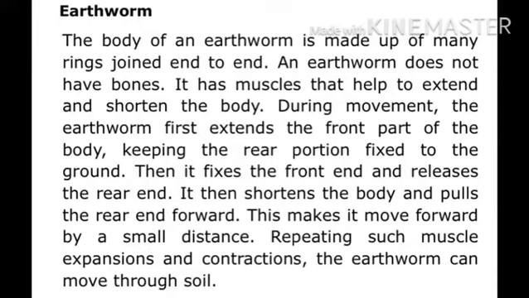Then it fixes the front end and releases the rear end, means the back end. It then shortens the body and pulls the rear end forward. This makes it move forward by a small distance. By repeated muscle expansion and contraction, the earthworm is able to move through the soil.